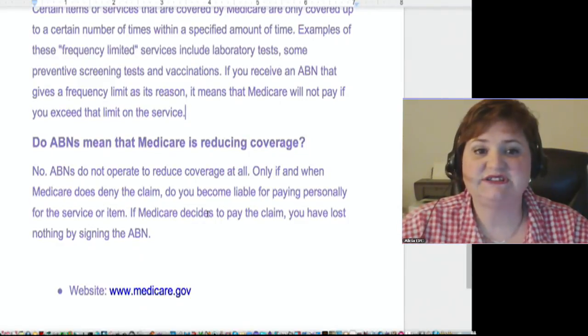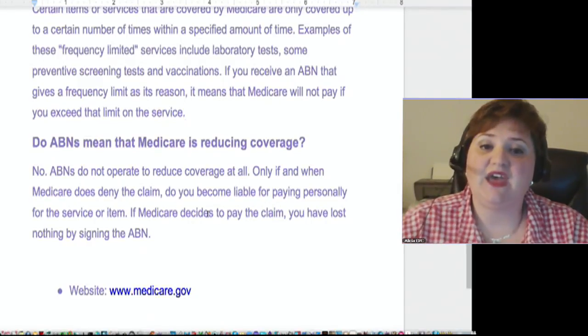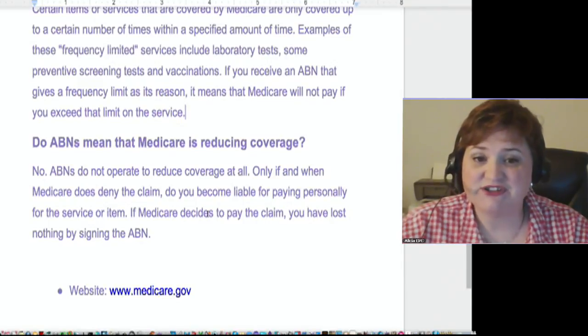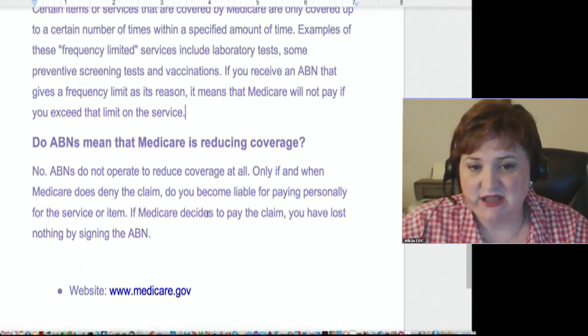Again, it's just for them to know that if Medicare isn't going to pay something, then they in fact would be the one that is responsible for paying. And often they have a secondary insurance coverage that picks up the balance.